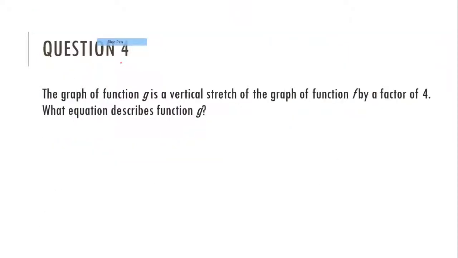This is question 4 on your quiz, just a different factor. It says the graph of the function g is a vertical stretch. Okay, vertical tells the truth. If it was horizontal, you'd know that it lied. It tells me that it's a vertical stretch of the graph of the function f by a factor of 4.